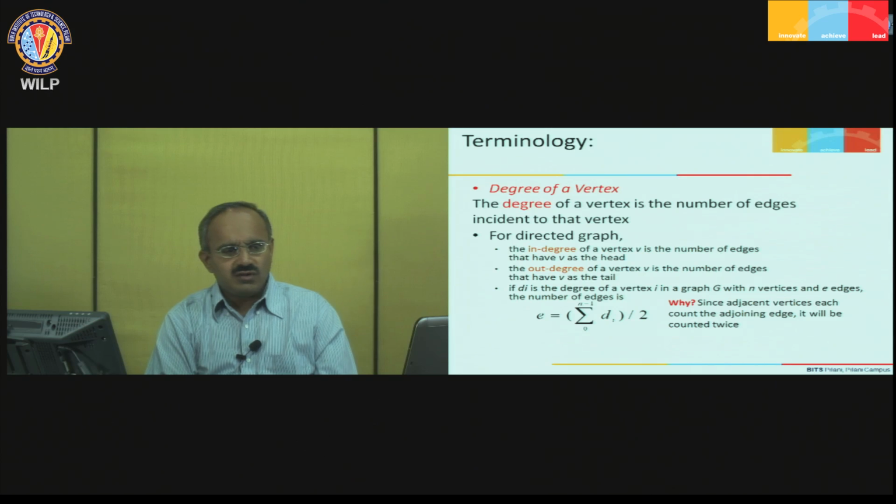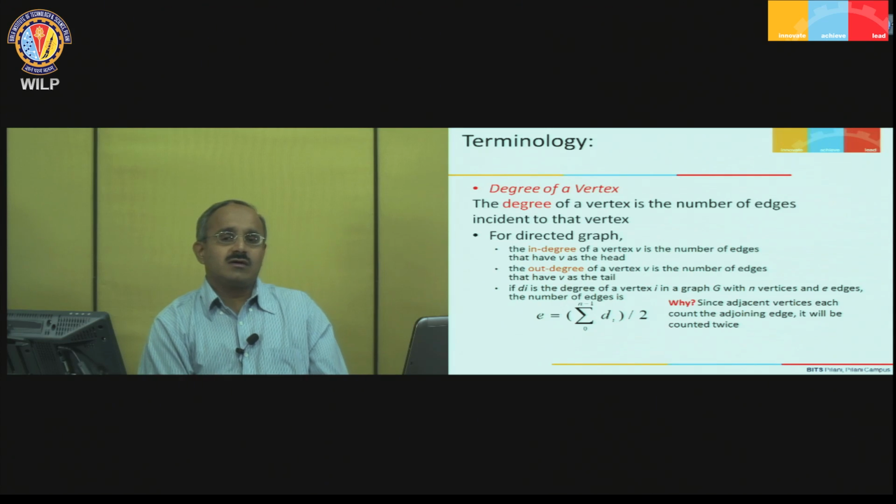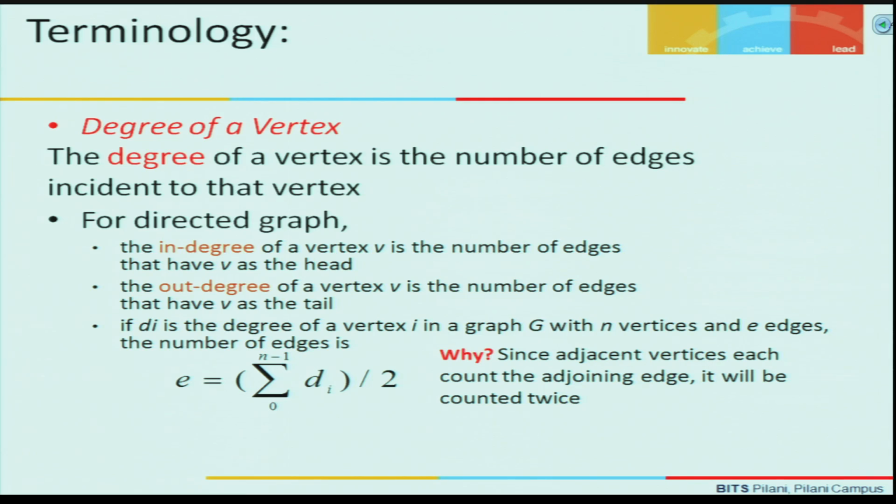We are going to use a few more notations and terminologies. For us, the degree of a vertex is the number of edges incident to that vertex. So, for a directed graph, where adjacency is not a symmetric relationship, we have two notions, an in degree and an out degree.